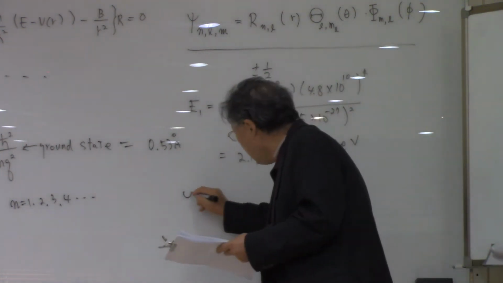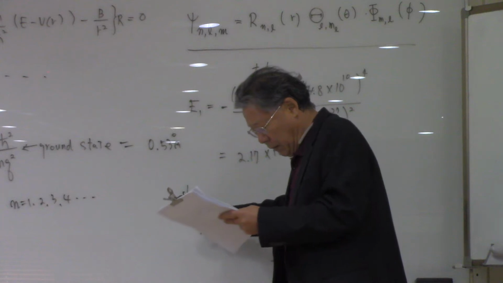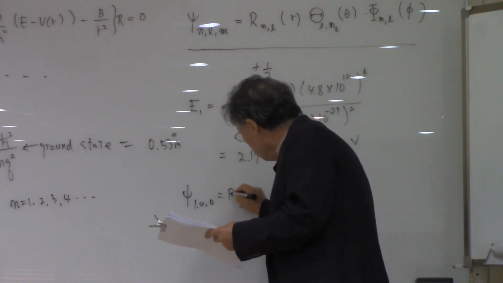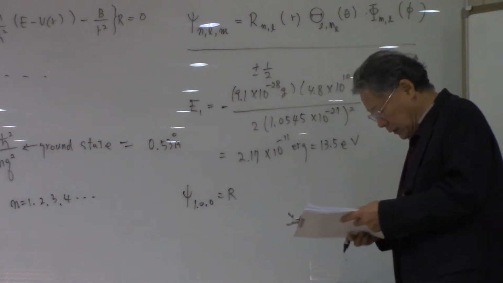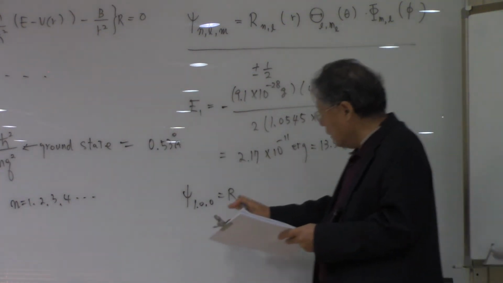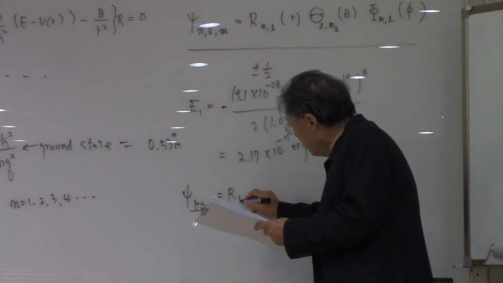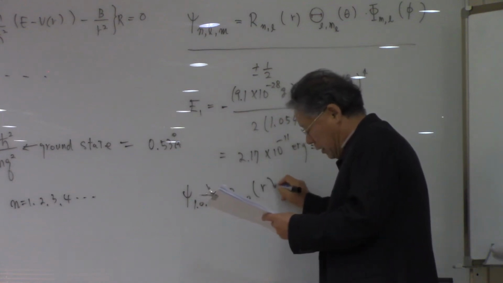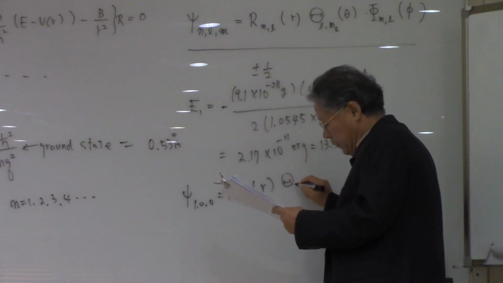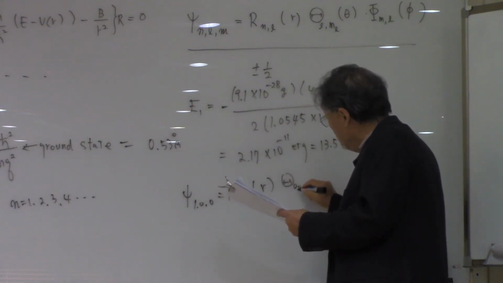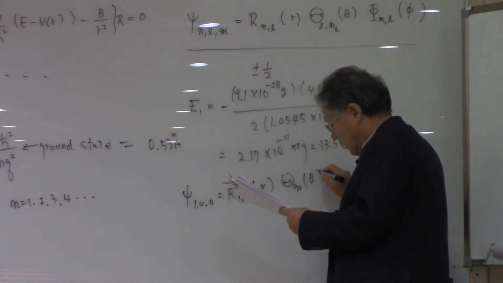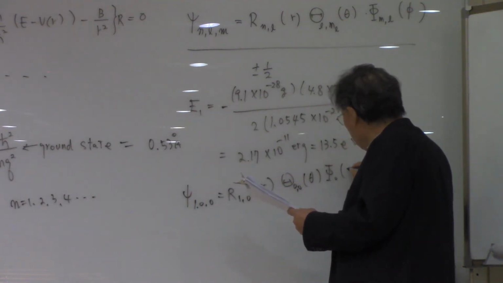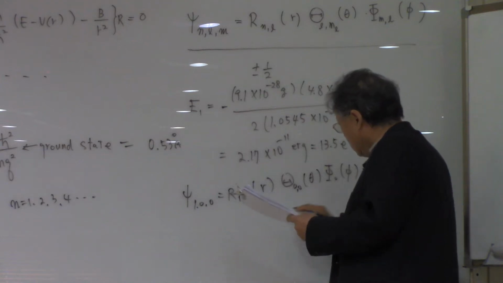Okay, and then the wave function which is related to the 100, the ground state, is R10 of r, theta 00 of theta, and phi 0 of phi.